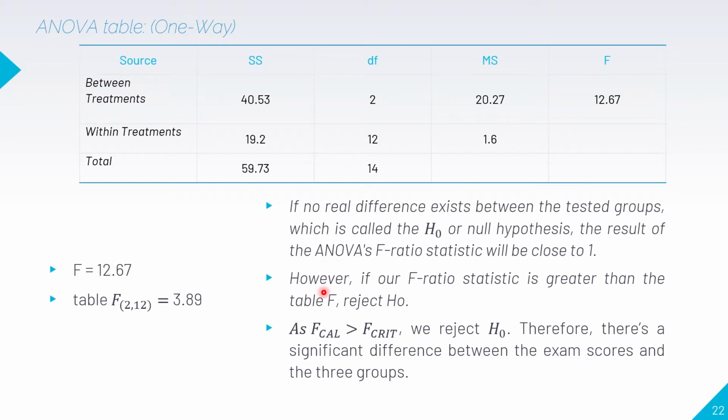If our F ratio statistic is greater than the table F, we reject the null hypothesis. So as F cal is greater than F crit, we reject H0, the null hypothesis. Therefore, there's a significant difference between the exam scores of the three groups. So that is our first problem.